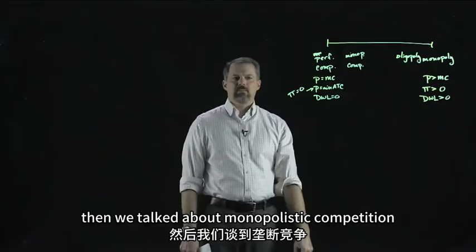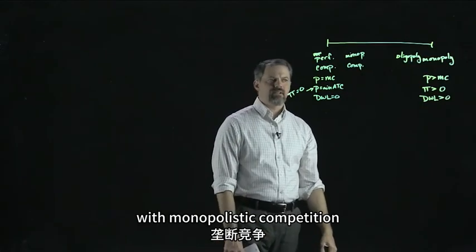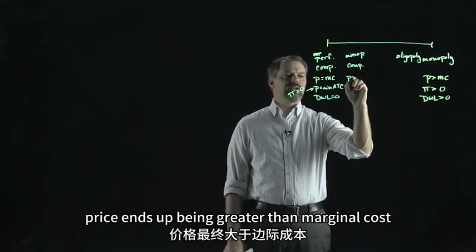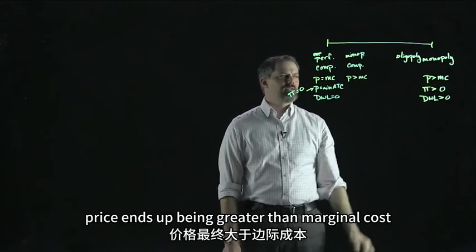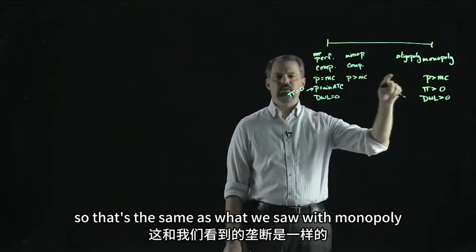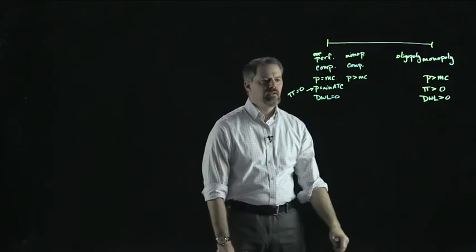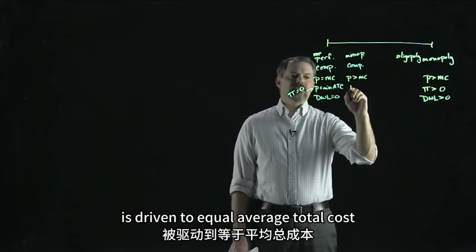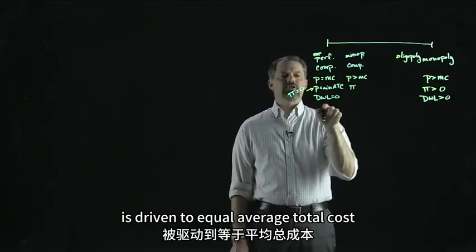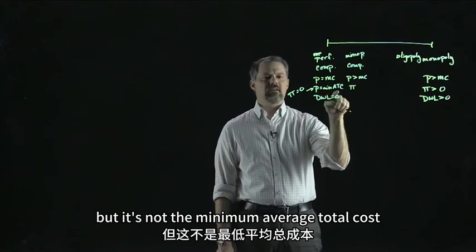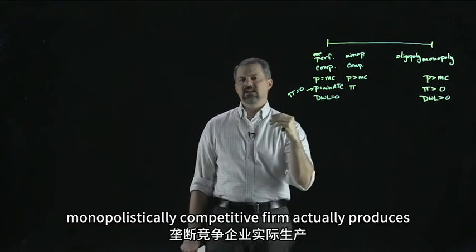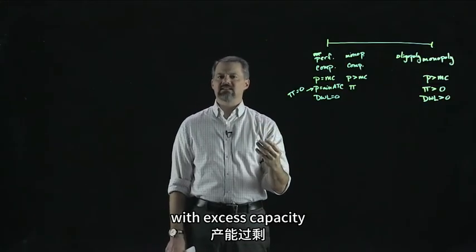Then we talked about monopolistic competition. With monopolistic competition, we saw that price ends up being greater than marginal cost. So that's the same as what we saw with monopoly. We saw that price is driven to equal average total cost, but it's not the minimum average total cost. We saw that a monopolistically competitive firm actually produces with excess capacity.